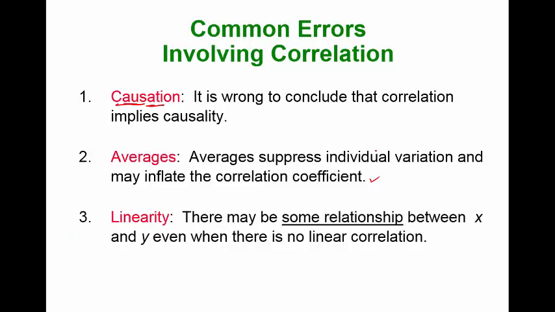And linearity, another common mistake: there might be some relationship that's not linear, and so you don't want to dismiss that. If you get a really bad linear correlation, you should check your data, or at least your scatter plot, to see if there's some other form.